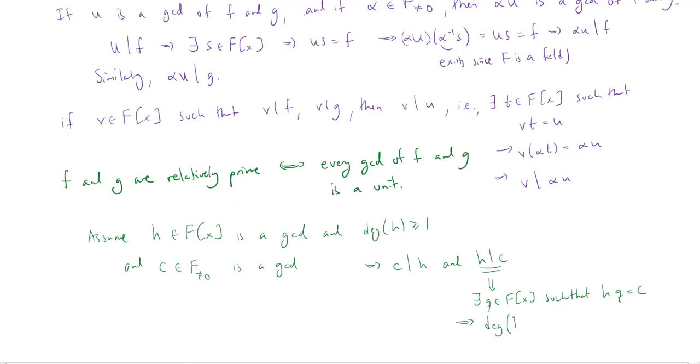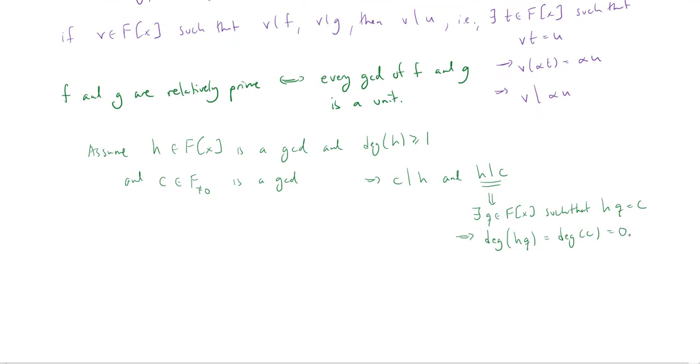The degree of H times q is the degree of C, which is 0, but this is equal to the degree of H plus the degree of q. H has degree at least 1, so this is at least 1 plus the degree of q. And the degree of q is at least 0, so this is at least 1. So we have 1 is less than or equal to 0. That would be a contradiction.